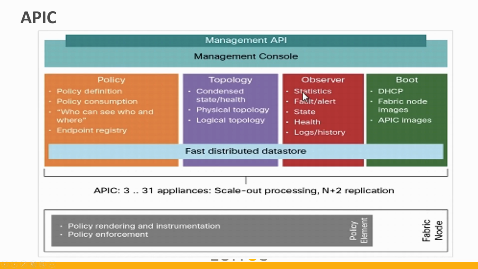The observer module, we'll take a look more at, has statistics, faults and alerts, state information, health, which is a very important thing for application developers, and really will become so for network admins as you learn to really know and love this health score, and then logs and history. And then from the boot function, we have DHCP server, which is the APIC, serving IP addresses, and we'll talk about to whom, not to the endpoints, but to the fabric, leaf, and spine switches, as well as maintaining all the fabric node or switch images, as well as the APIC image.